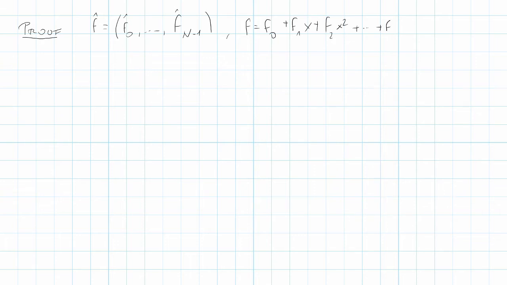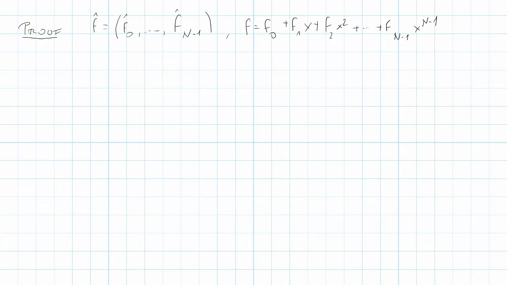By the very definition, f hat, the discrete Fourier transform, is the sequence f0 hat up to fn minus 1 hat. Now let the polynomial f be of the form f0 plus f1 x plus f2 x squared, and so on up to fn minus 1 x to the power n minus 1.